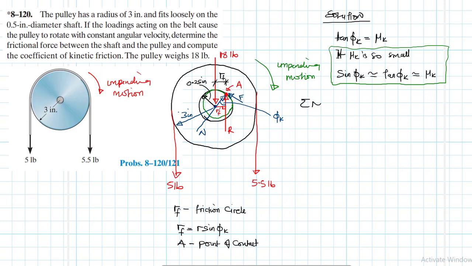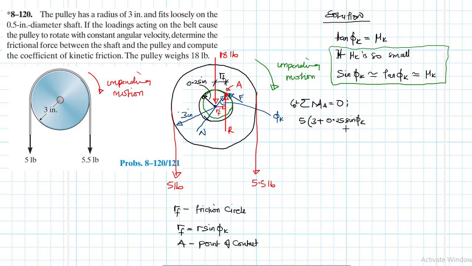So we'll say summation of moments about point A equal to 0, anti-clockwise being our reference. So what do we have? We have a 5 times the lever arm, 3 plus 0.25 sine phi k.